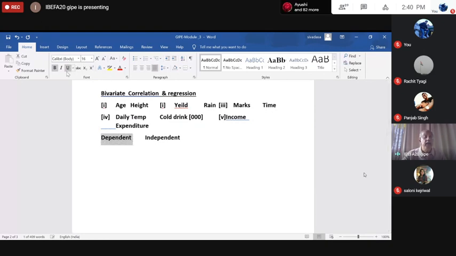Any of the examples above, if you take, we have two variables, a dependent variable and an independent variable. Wherever the variables are dependent, correlation regression is the topic to forecast the value of the dependent variable for a given independent variable.